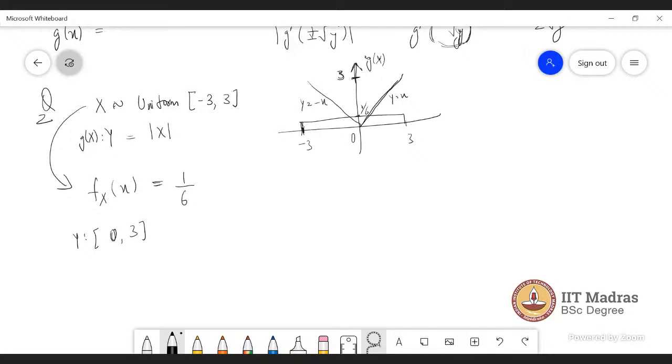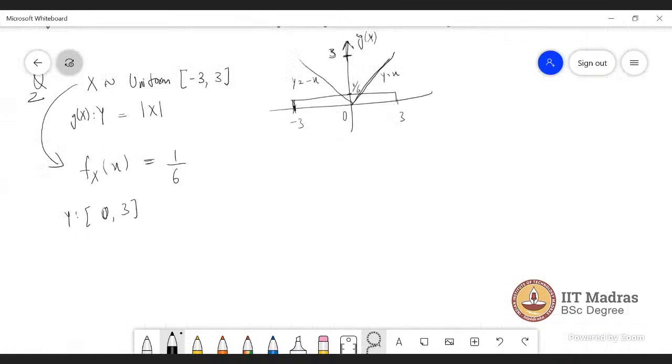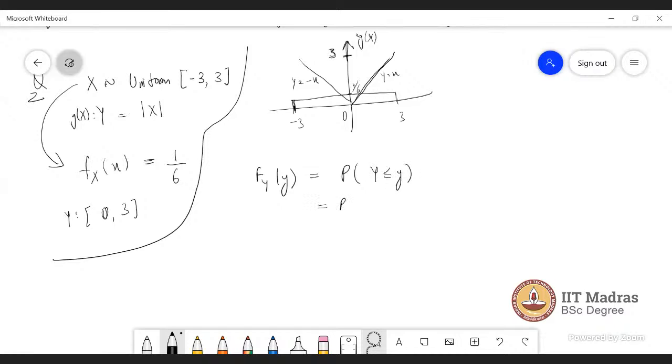Now if we find f y of y, this is going to be the probability that Y is less than or equal to y. So what is Y? Y is mod of x less than or equal to y. If you split this, you can write x is less than or equal to y and minus x is less than or equal to y.